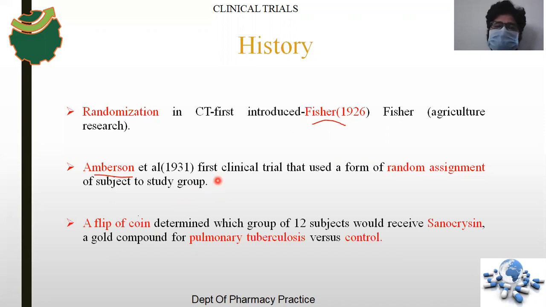And next, it was actually a treatment trial for pulmonary tuberculosis. Here, a flipped coin determined which group of 12 subjects would receive sanocrosine, a coded compound for tuberculosis, versus control, in the 1930s. So they divided the people with the help of random assigning, or randomization.